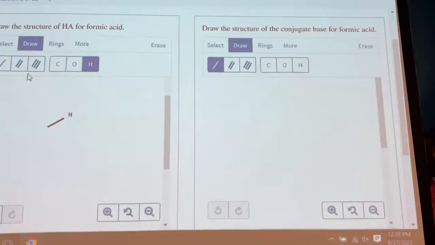So now we need a double bond on that atom, and we need an oxygen there. Thank you, Stanley, that did it. And then we need an OH, right? So another single bond on that carbon, and oxygen here, single bond, hydrogen, and that's formic acid.